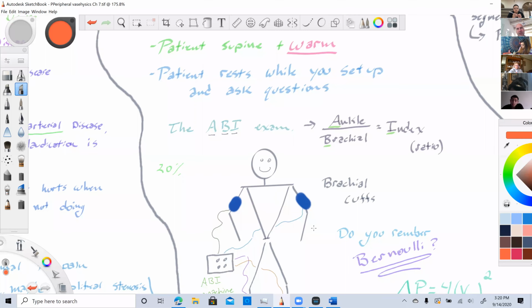So we're going to have our patients supine, no standing for these, for the most part. Warm. We don't want over vasoconstriction. When we're chilly, we vasoconstrict more of our peripheral subcutaneous arteries because we're trying to keep warmth more central, and that can kind of mess up our results.